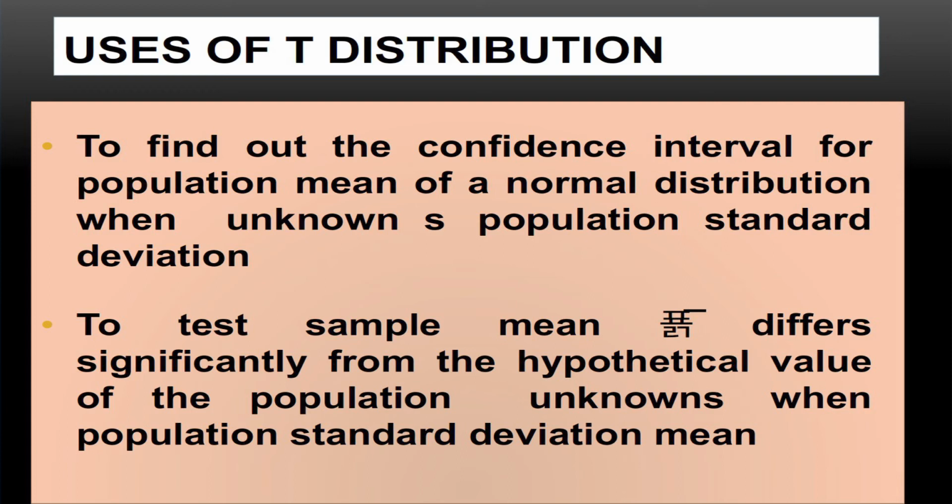2. It is used to test whether sample mean x bar differs significantly from the hypothetical value of the population mean mu when the population standard deviation is unknown. 3. The t distribution is used to find the significance of difference between two population means when the population standard deviation is unknown. 4.